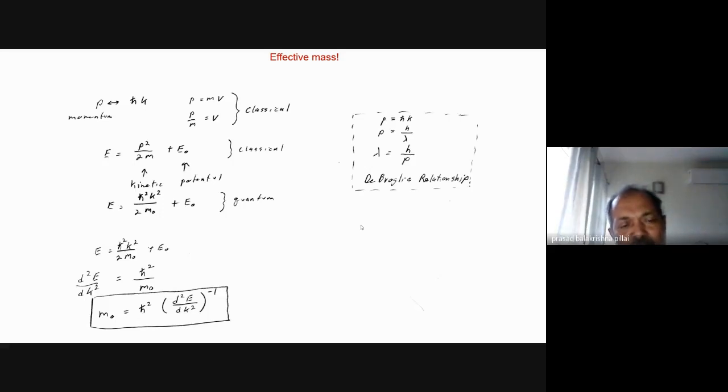The effective mass depends on the curvature of the energy band, and the mass decides most of the properties of the material, whether it is the mobility, which is one of the most fundamental parameters, or the diffusion constant. So the effective mass plays a very important role in deciding the electrical properties of the carriers or the material. Different materials will have different effective mass.